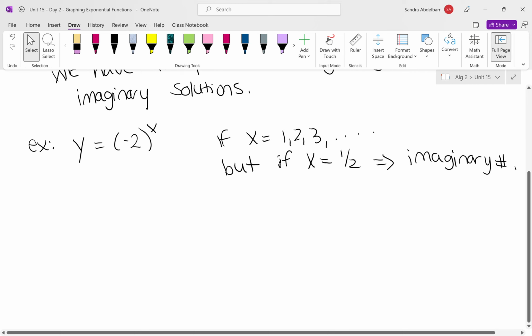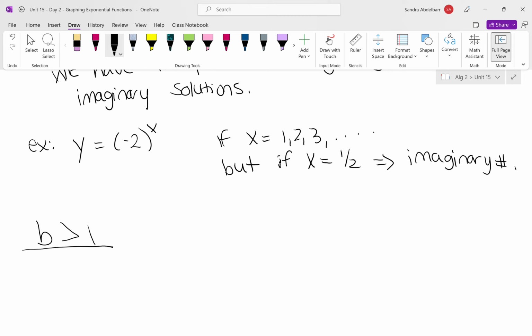Okay, so now let's talk about if b is greater than 1. If b is greater than 1, the function is increasing. And we always read a graph from left to right, because in America we read from left to right.